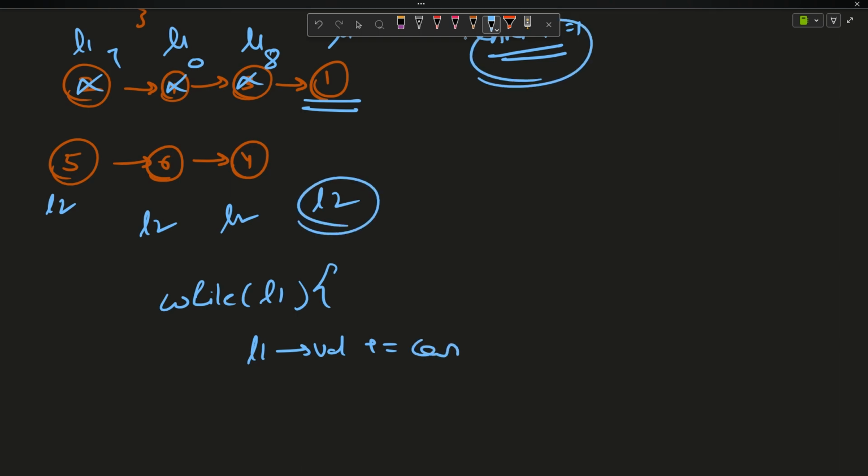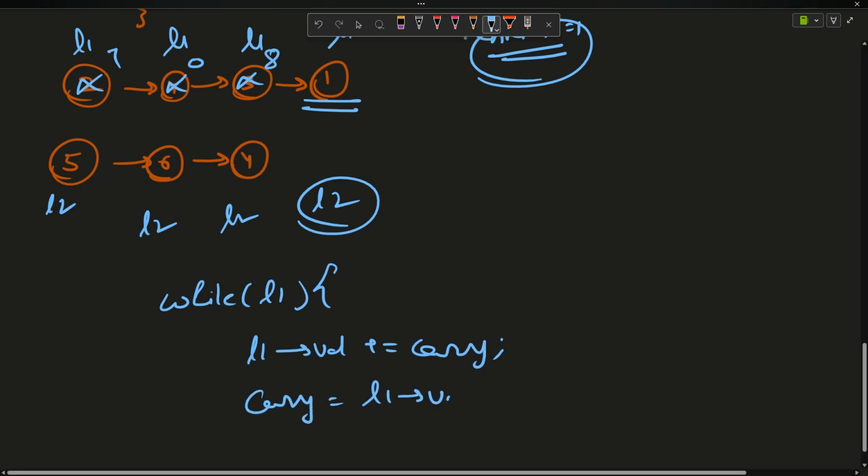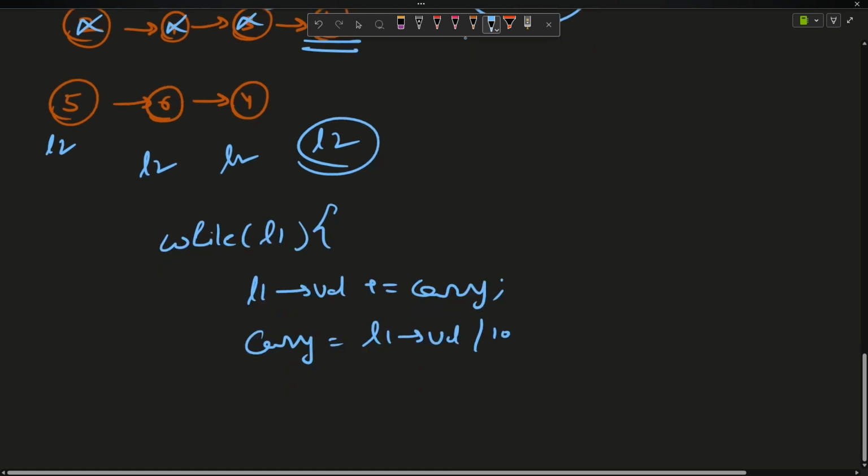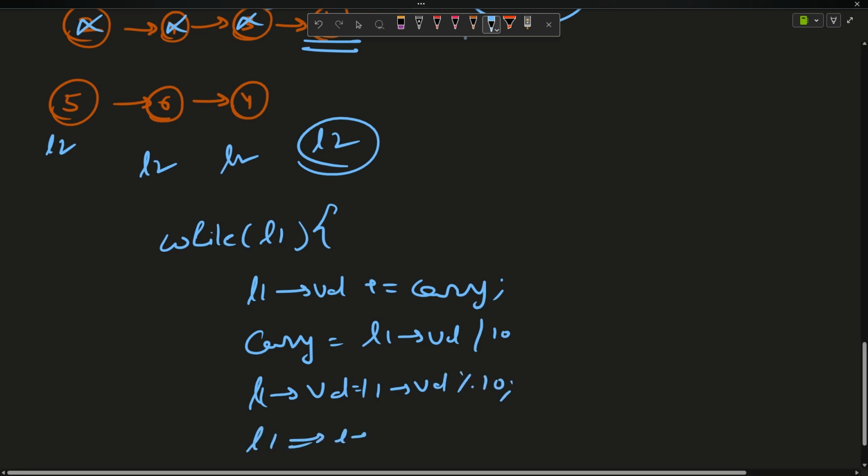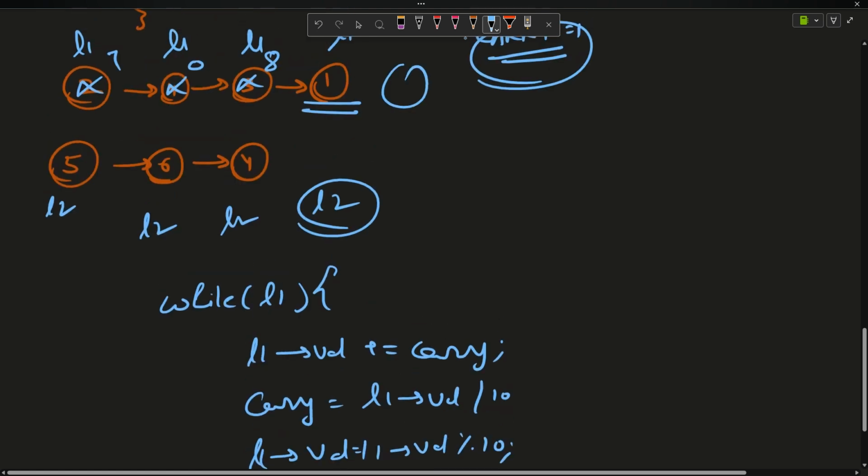The operations remain the same. Then my carry will become L1 value divided by 10, my L1 value will become L1 value mod 10, and L1 will move to L1's next. After this, this operation will be ended.